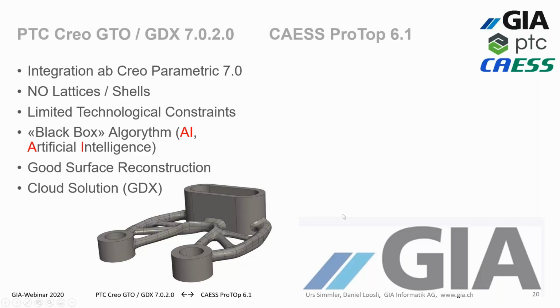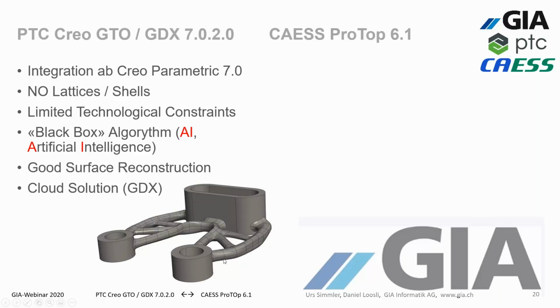I think it's quite good, as we saw the integration in Creo Parametric, it's nearly perfect. Also the surface reconstruction now works in 7.0, quite good. And you have, let's say, the possibility to also use the cloud solutions.